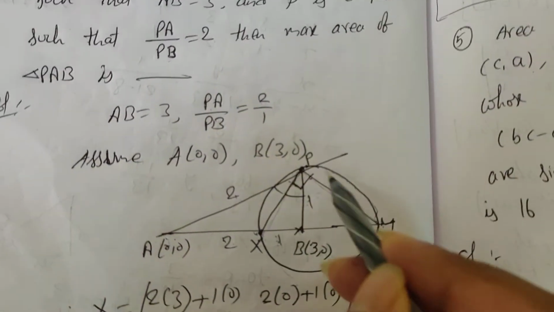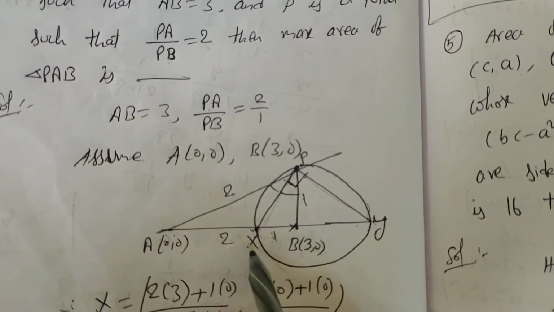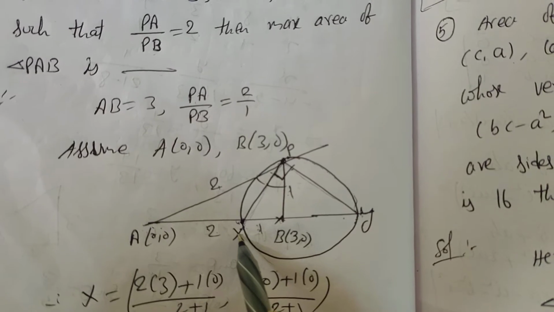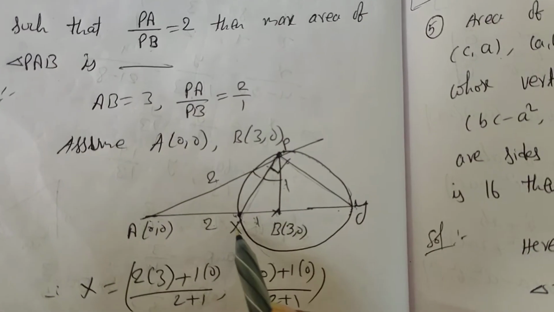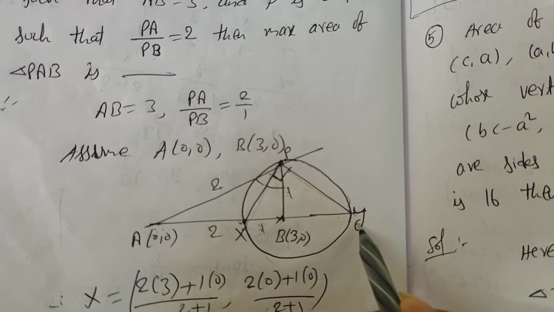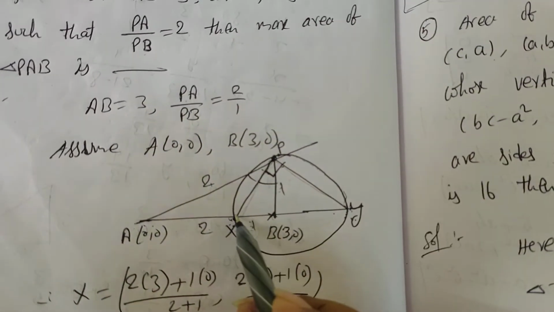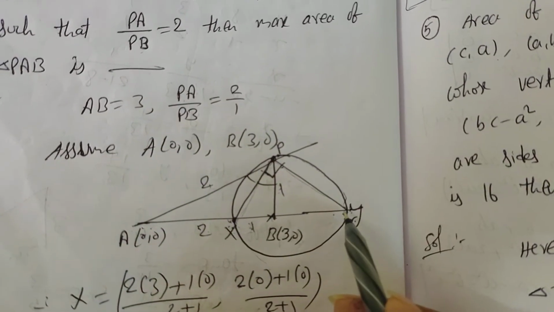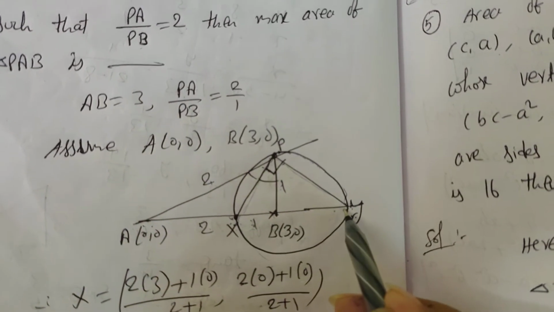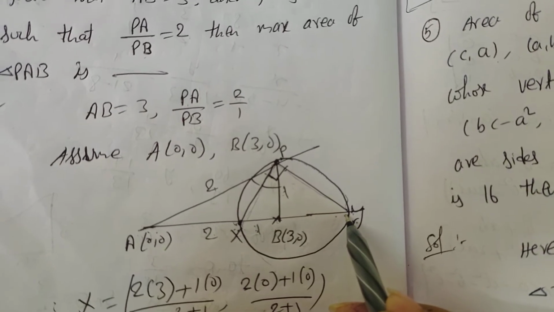Why are you drawing this? If you find the points X and Y, this XY gives the diameter of the circle. Then half of this diameter gives the radius of the circle.